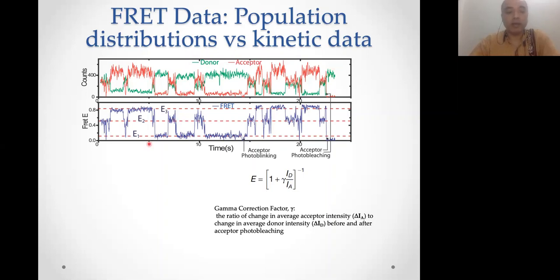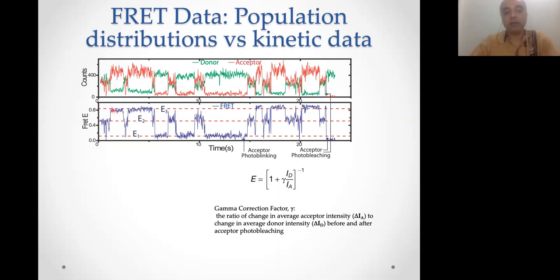So once you have corrected for those, these trajectories basically give you an idea of the level of energy transfer that is going on. And in this case, this one single molecule, which has both of these dyes, seems to be flipping between 3 energy efficiency states.